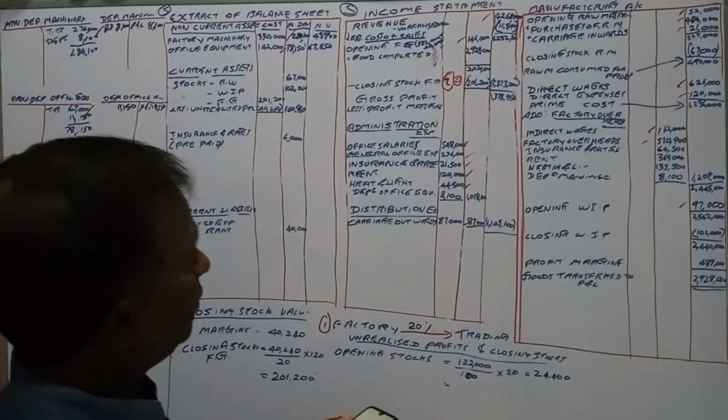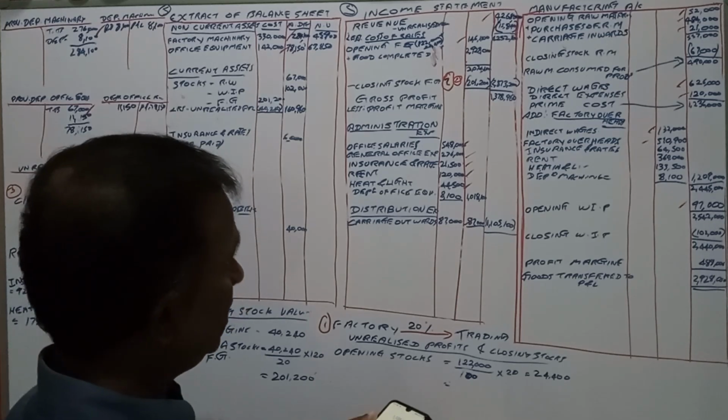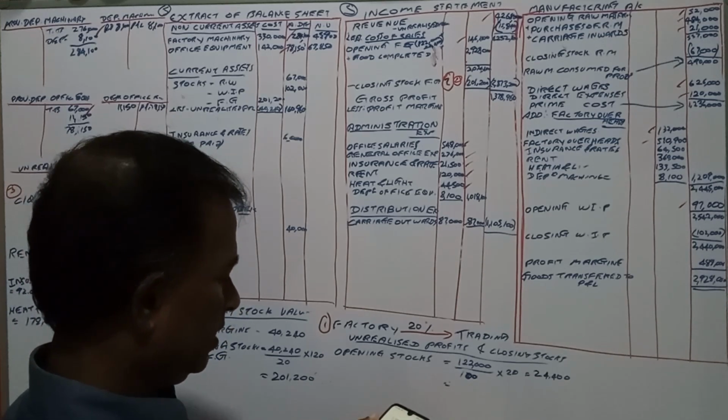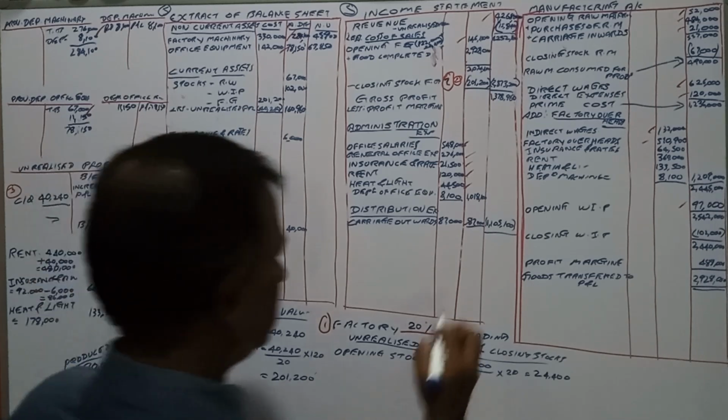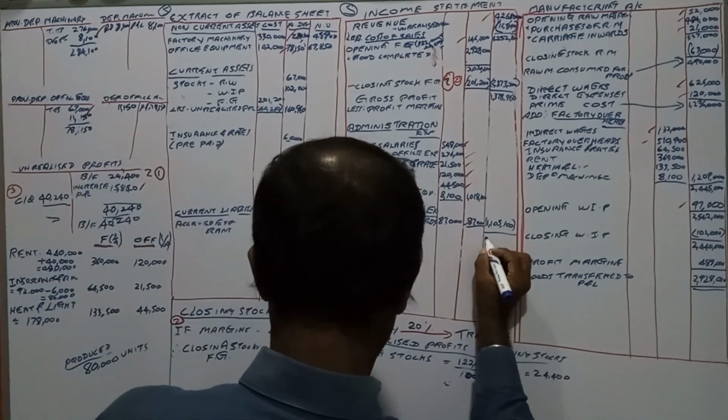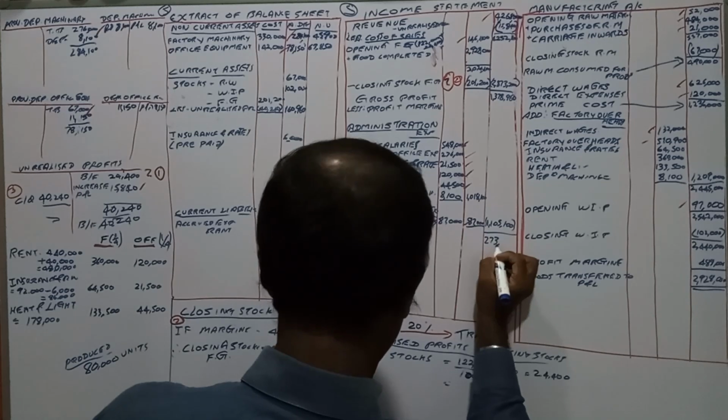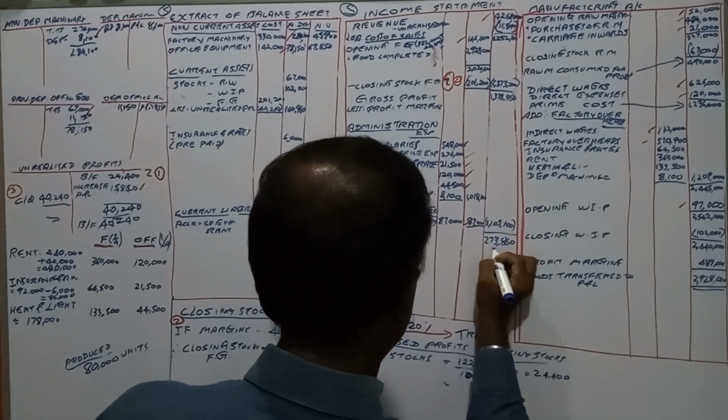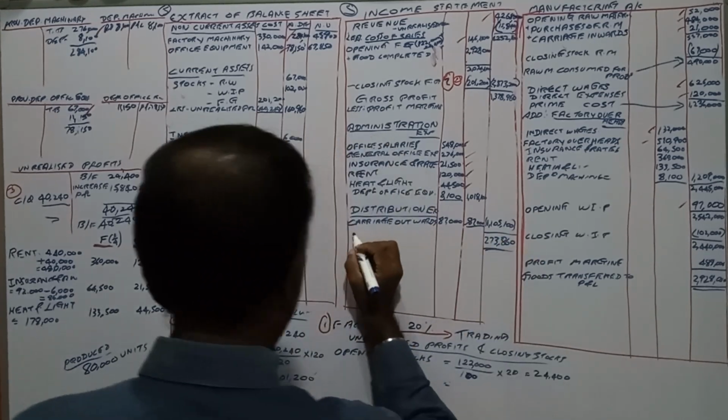If we deduct it from 1,378,960, then you will arrive at a net operating profit of 273,860, right? This is the net operating profit.